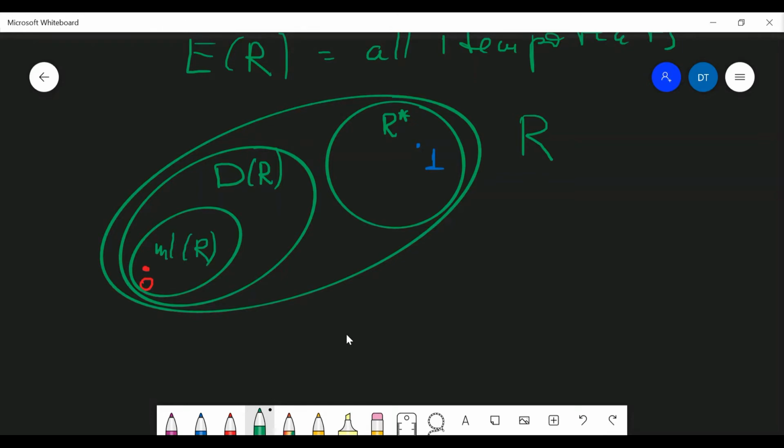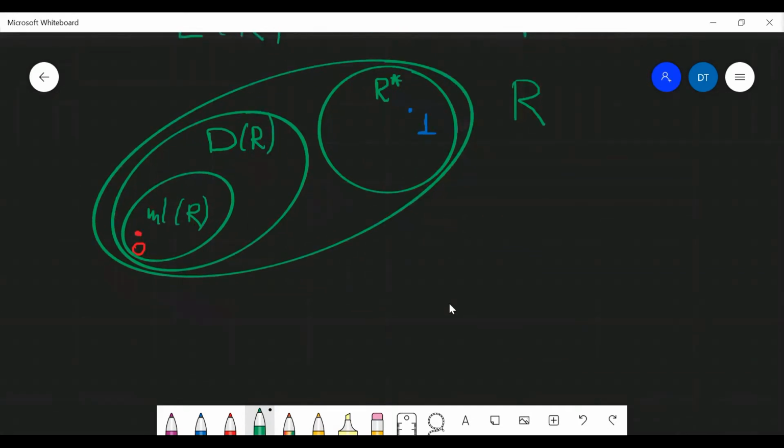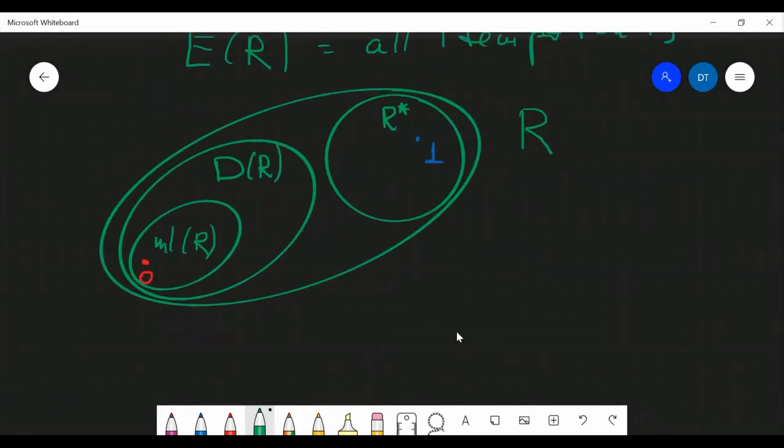Well, the idempotent elements intersect all these sets, so I don't want to draw them on this picture. This is what you should understand regarding the general situation, how these elements relate to each other.